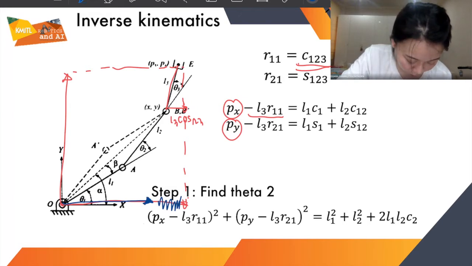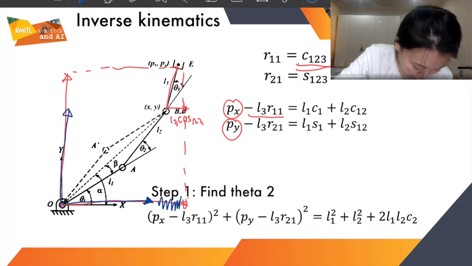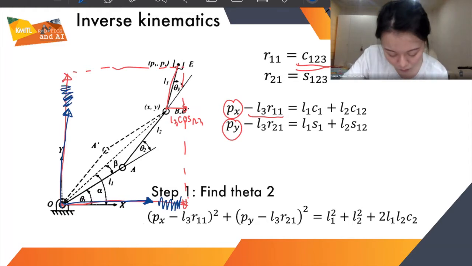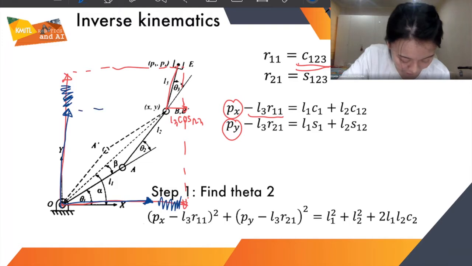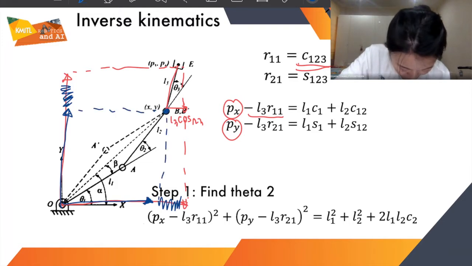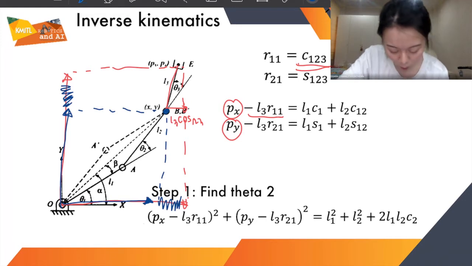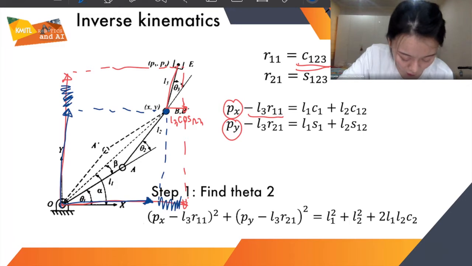And also for the y-axis, we get only this because we cut it off. And here will be equal to the x and y points. The x and y points are the coordinates of point B.